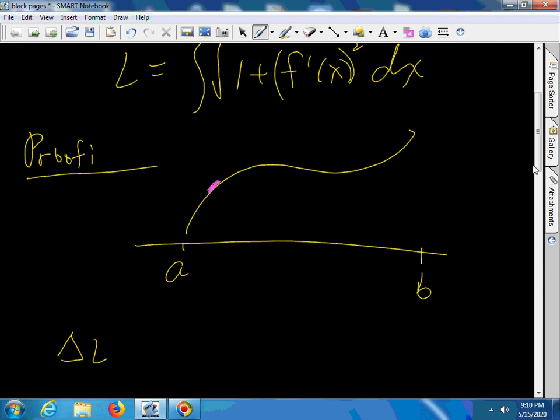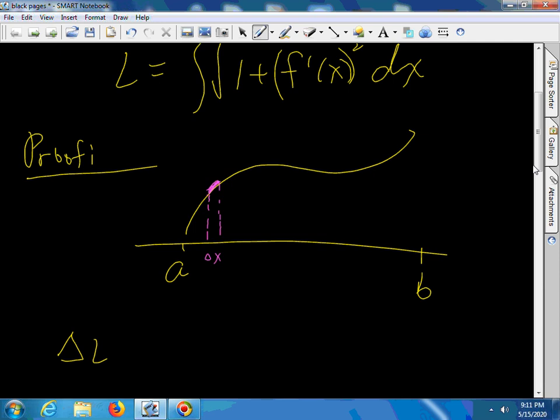That length is so small. I should even make it smaller and smaller, and the delta x, that distance, should go to 0.